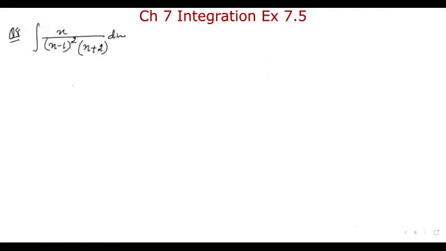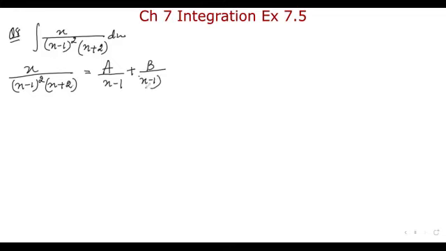That is the answer. In this question, I have again factors in the denominator. So we can apply the partial fraction here. So it is a upon x minus 1 whole square into x plus 2. So here in this situation, the partial fraction rule number 2, a upon x minus 1, which has a square, first we take it as single, then b upon x minus 1 square, like this, plus c upon x plus 2.